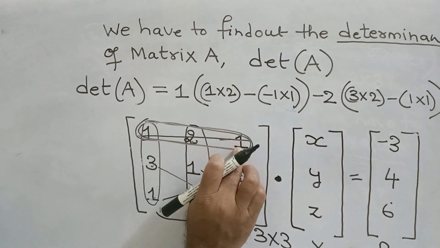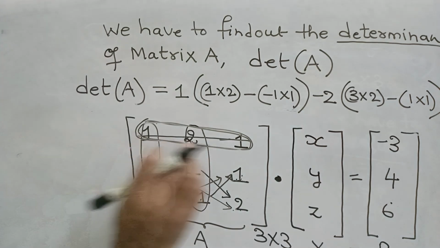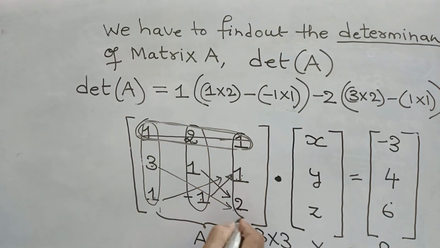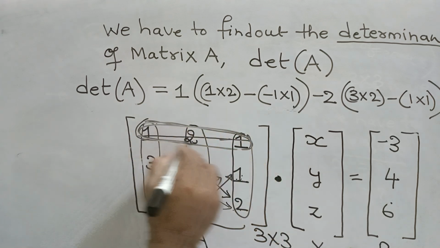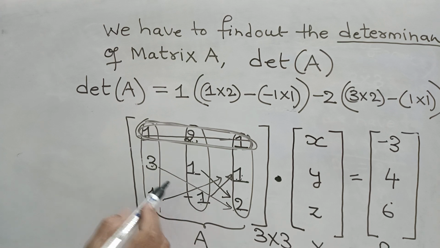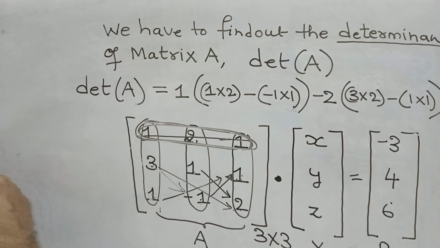And what is the third element? 1. Therefore we have to write plus 1. Then consider this. Remove this particular column and this particular row. Then what are the elements? 3, 1, 1, minus 1. Therefore again like this you have to write 3 into minus 1, 1 into 1. Therefore the third element is like this.